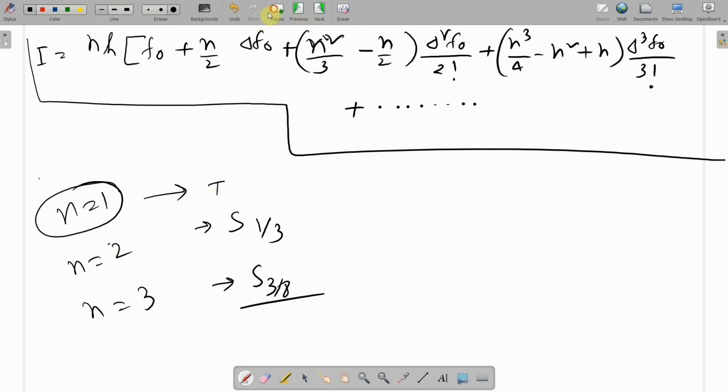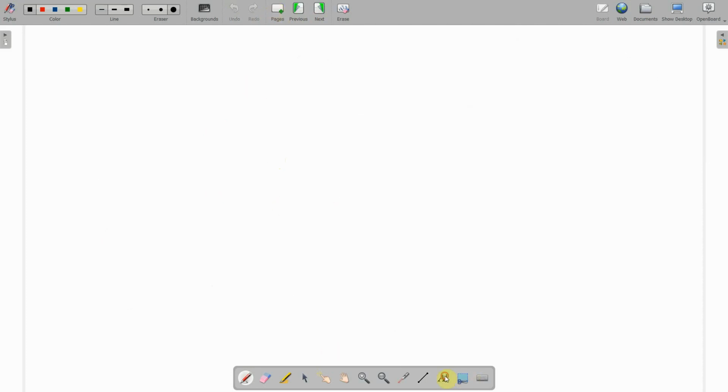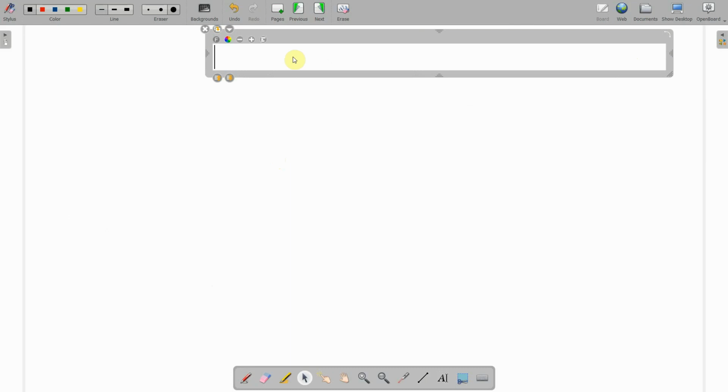So let's write down the heading that numerical integration using trapezoidal rule.